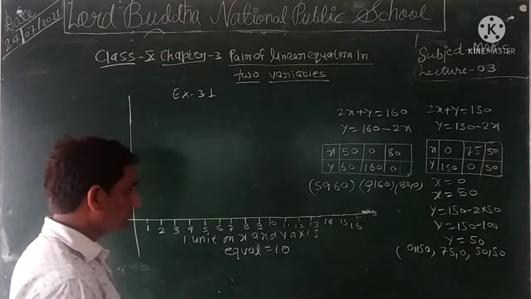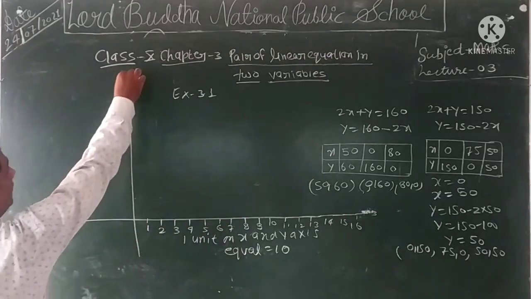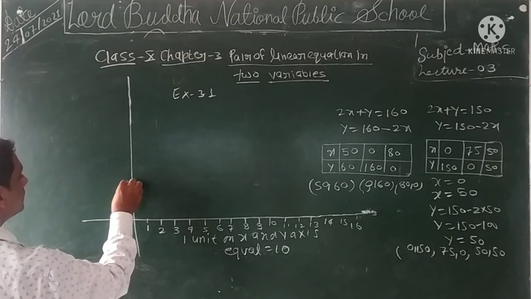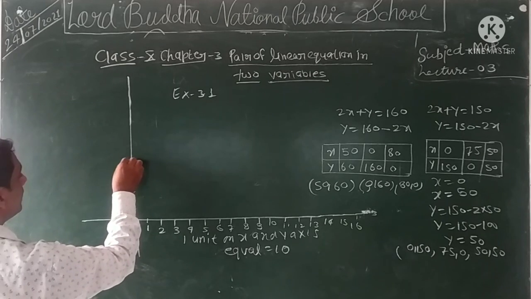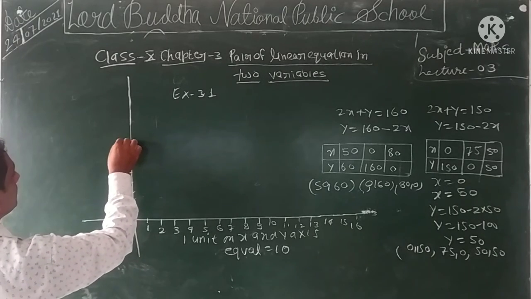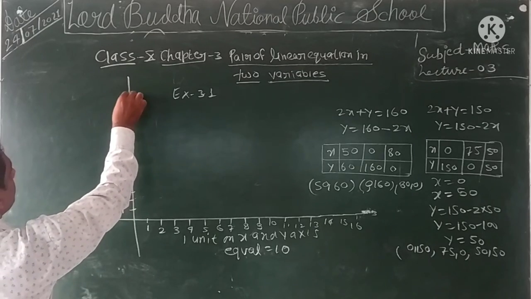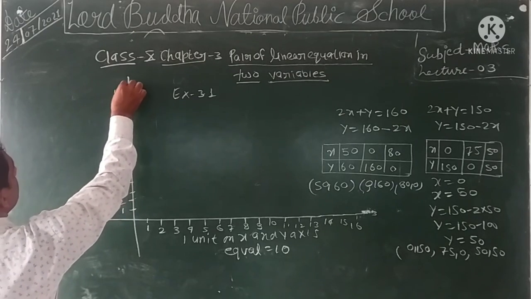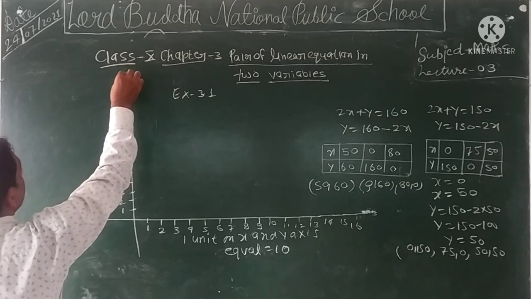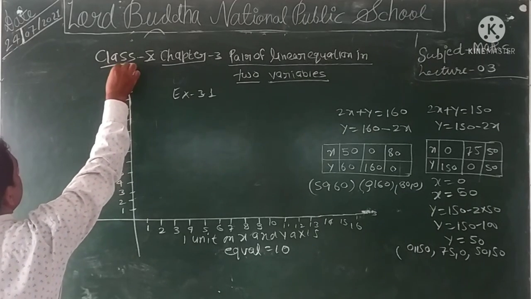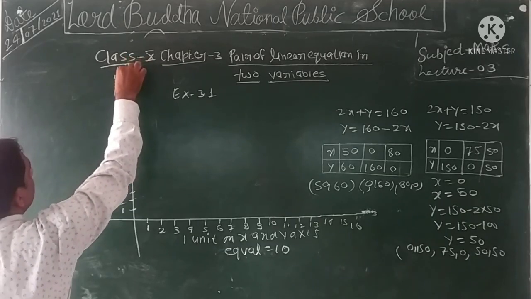Now on this axis, 1 2 3 4 5 6 7 8 9 10 11 12 13 14 15 and here 16, and this is y.